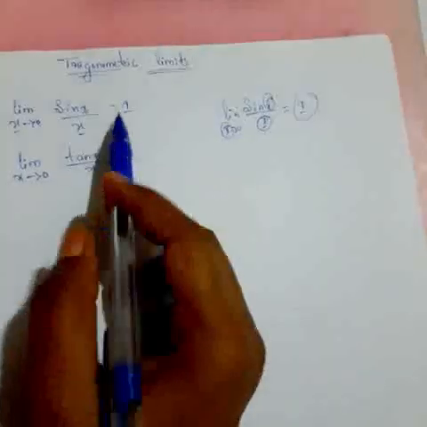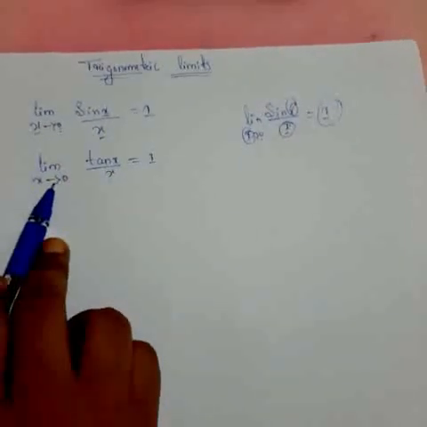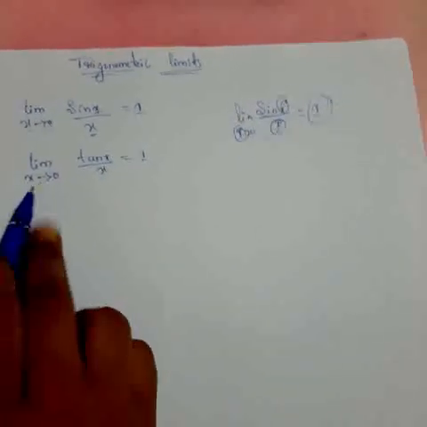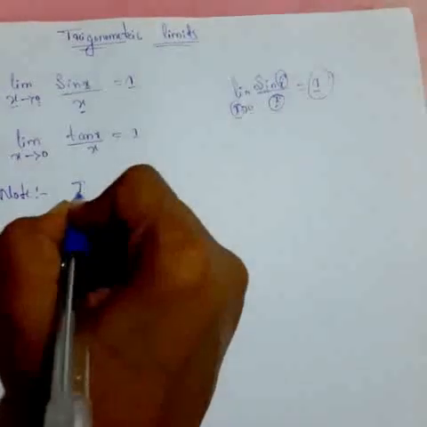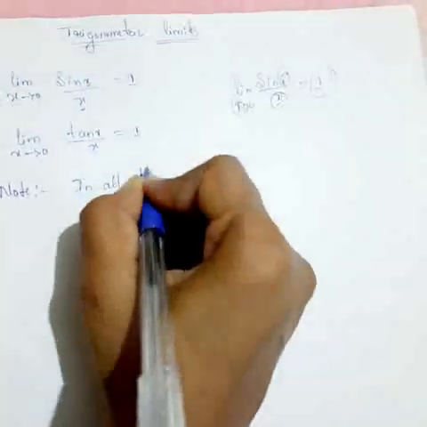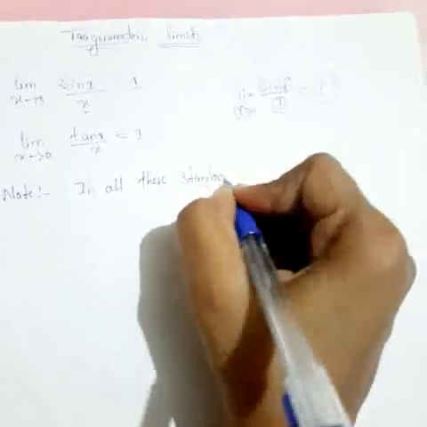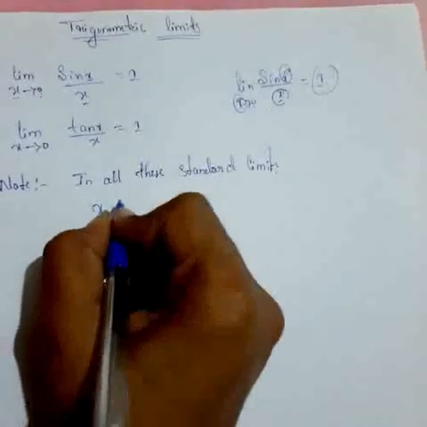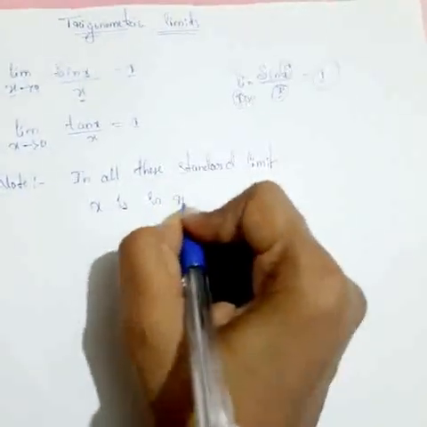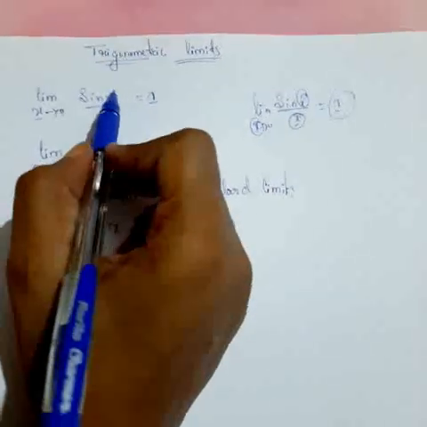Just remember these two formulas: limit x tends to 0, sin x by x is equal to 1, and limit x tends to 0, tan x divided by x is equal to 1. Here one note is there: in all these standard limits, x is in radians.